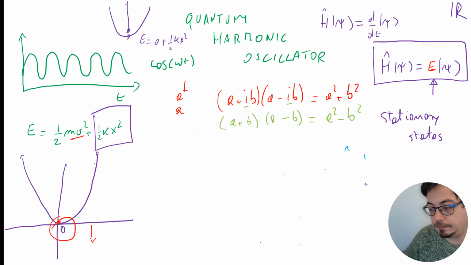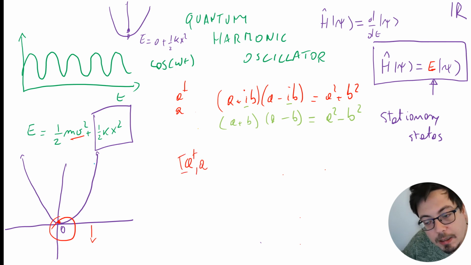First of all, we want to notice a few things about our operators a and a dagger, because we want to show that a and a dagger do not commute: the commutator of a and a dagger is the identity.